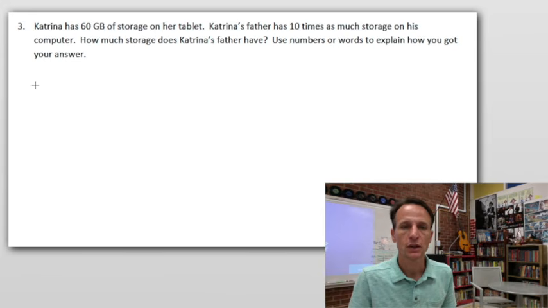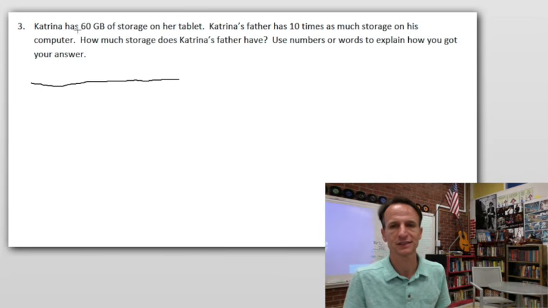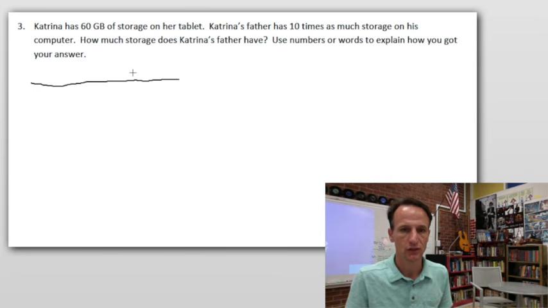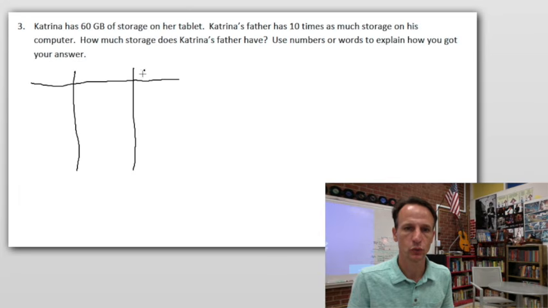All right, good. So what do we need for places here? Well, we know we're starting with 60 and we're doing 10 times as much. So we don't have to draw out a big old place value chart. We can get a little skimpy here and just do ones and tens, and yes, our good friend the hundreds.